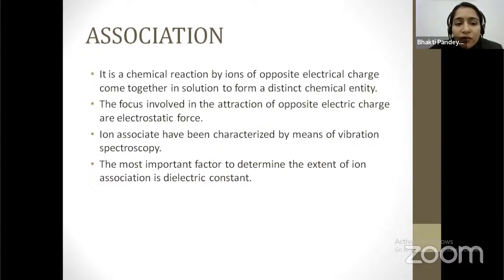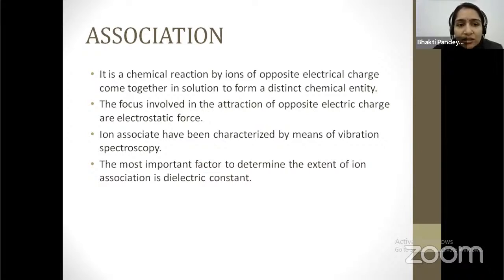The forces involved in the attraction of opposite electric charges are electrostatic bonds. Ion associates have been characterized by means of vibration spectroscopy. The most important factor to determine the extent of ion association is the dielectric constant.